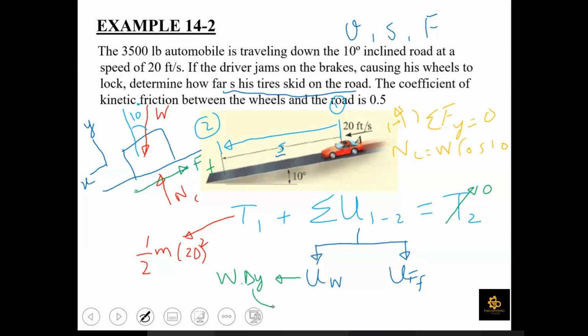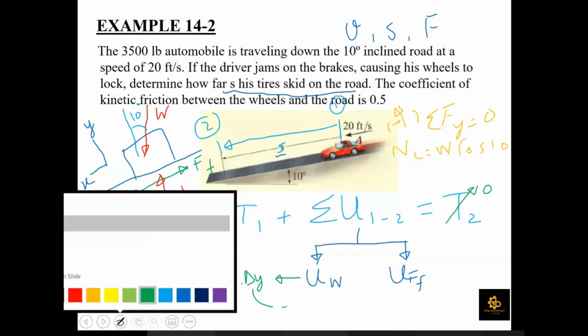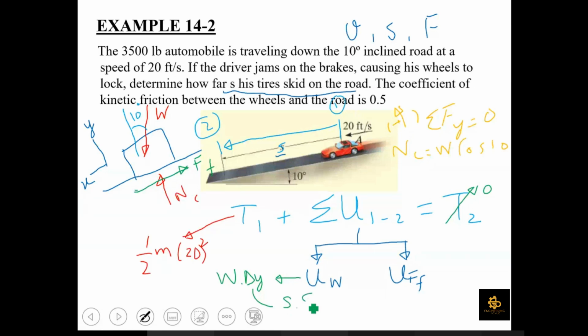Okay, so delta Y is basically S. It is basically S into sine of 10, isn't it? Yes, sir. Okay, so the magnitude of work done due to weight would be W into S sine 10. Should it be positive or negative? Positive, sir. Because this S sine 10 is acting downward, weight is also acting downward, so the work done due to weight is going to be a positive quantity, W into S into sine 10. Is this thing clear to all of you?